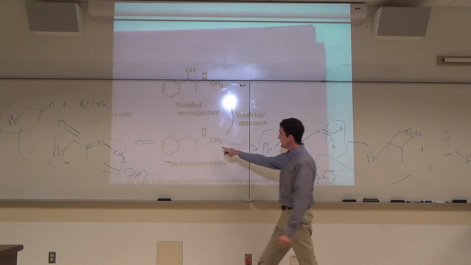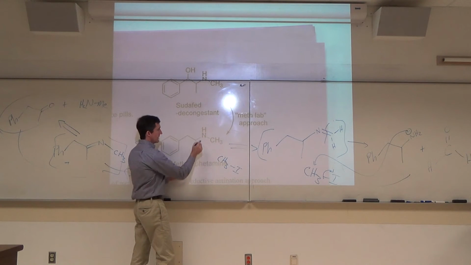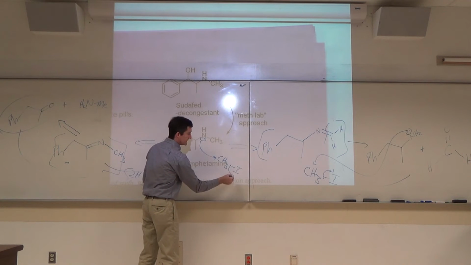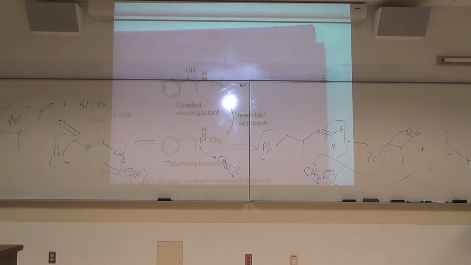Yeah, because once you get methamphetamine and there's methyl iodide still around, it can just alkylate again, and you'll end up with multiple alkyl groups on your nitrogen. So direct alkylation has that problem of polyalkylation. But it's theoretically just a good old SN2 reaction.